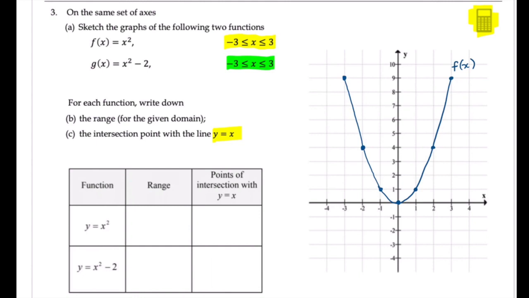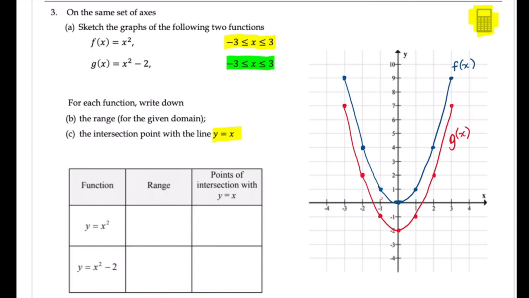So this is f of x. There is my parabola g of x. So we want to find the range of f of x and the range of g of x. The range would be what is the lowest value of that f of x function.